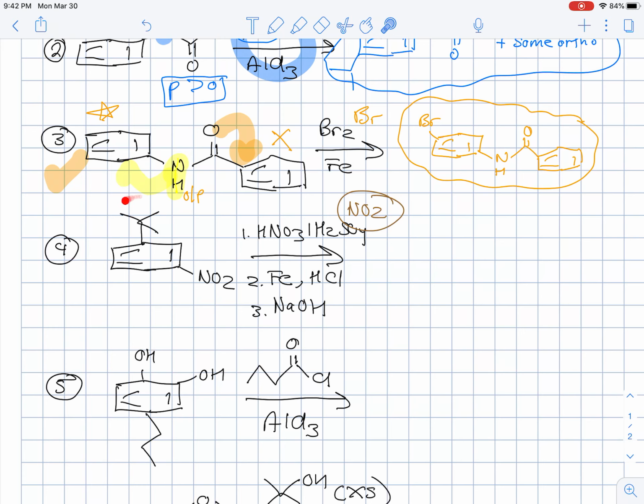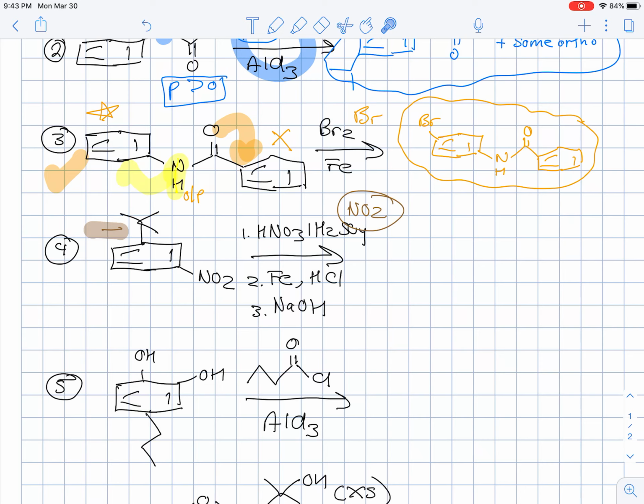And in a scenario like this, the more strongly activating or less deactivating group always wins. And so this group, probably at this point better to actually highlight it in some sort of a color. So this group is an ortho-para director, and that's a more strongly activating group than a deactivating group.